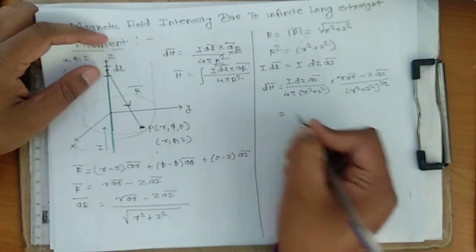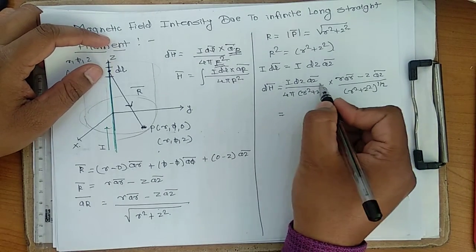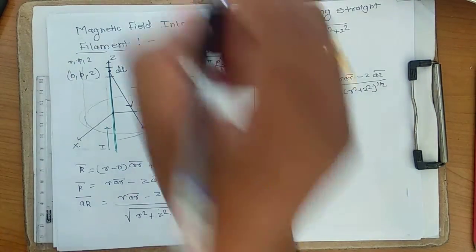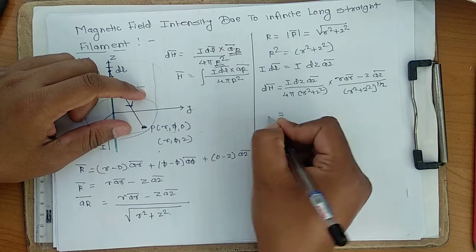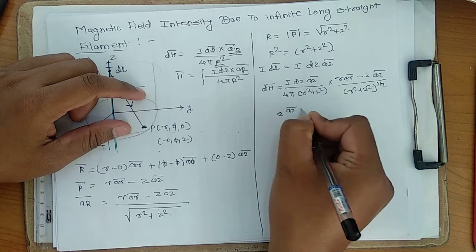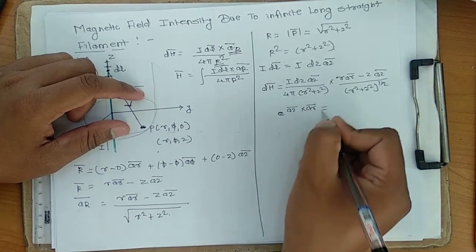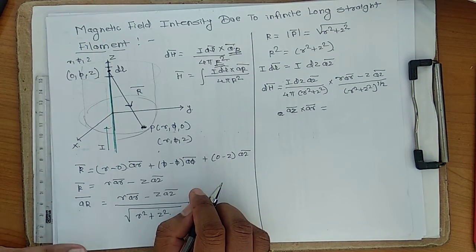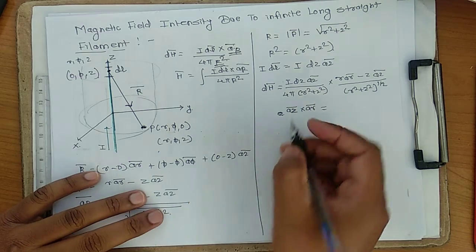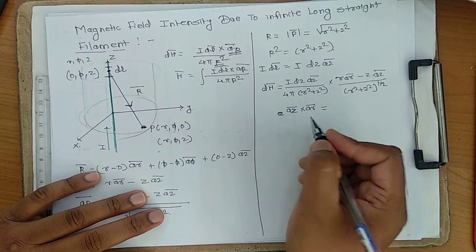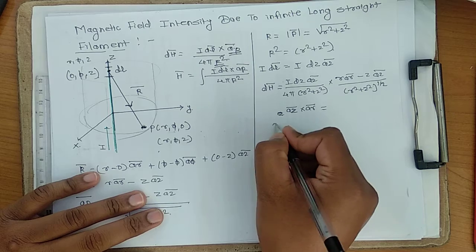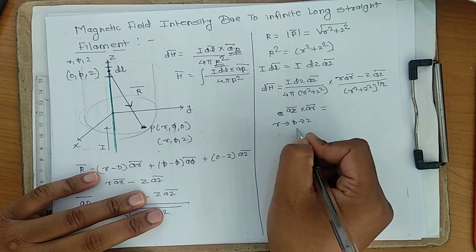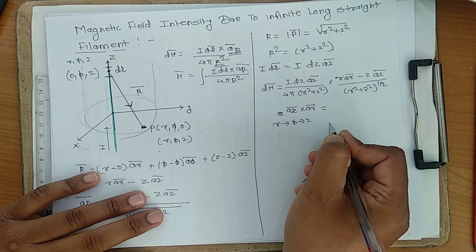Now we have to multiply this a z bar into this equation. So a z bar cross a r bar. See that cross product: the sequence is r, then phi, then z. If you multiply a r bar by a phi bar, it converts into a z bar.